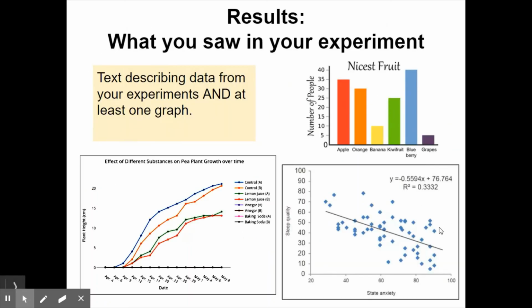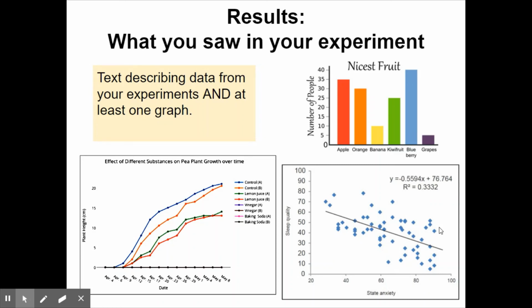In your results, that will be a section where you report what you found. It's what you saw in your experiment. And the format of how you do that is you will have text, words, describing your data, like sentences saying what your data are from your experiments, and at least one graph. Now, will the text say the same thing as the graph?